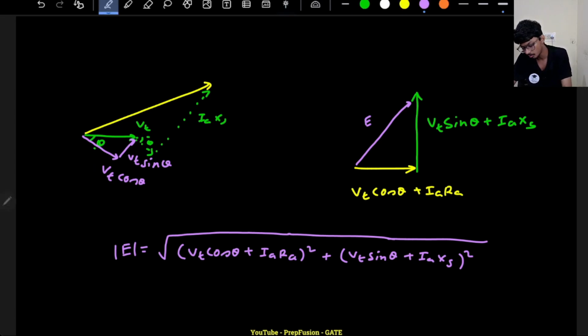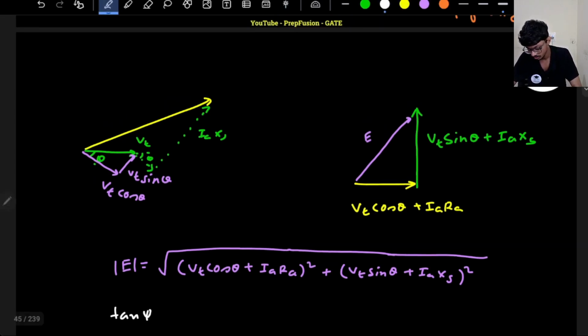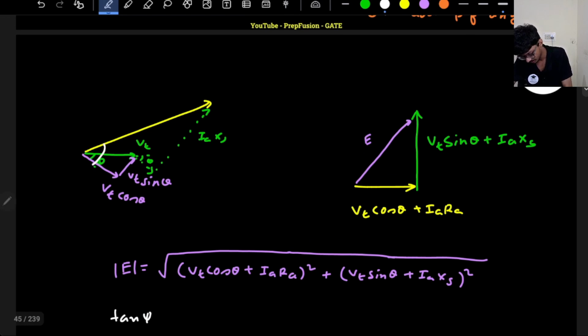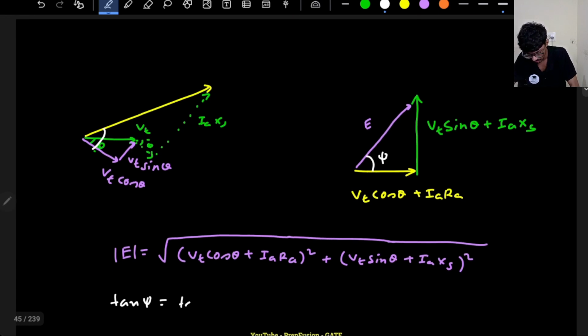And how will I find the internal power factor angle? Tan psi is this angle, which equals theta plus delta. Very important, numericals can be asked from here. They can ask you the internal power factor angle for a lagging load.